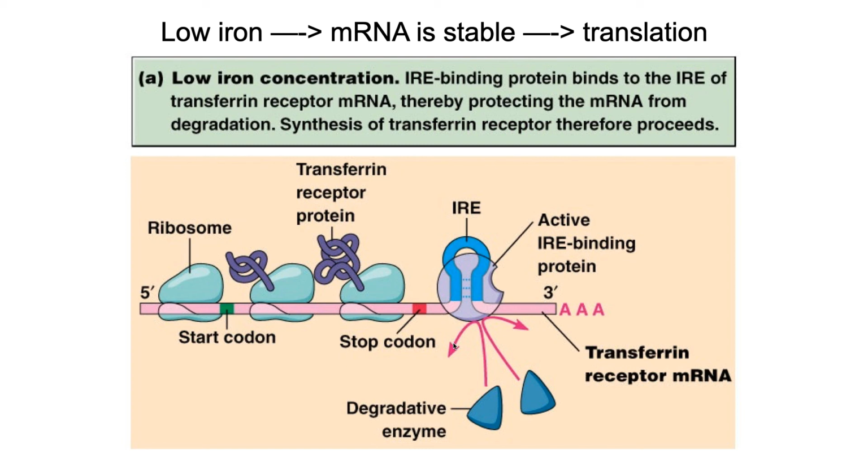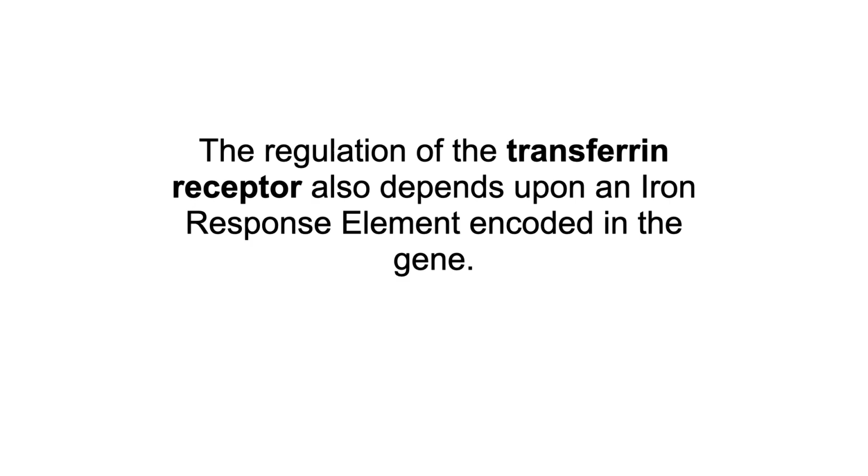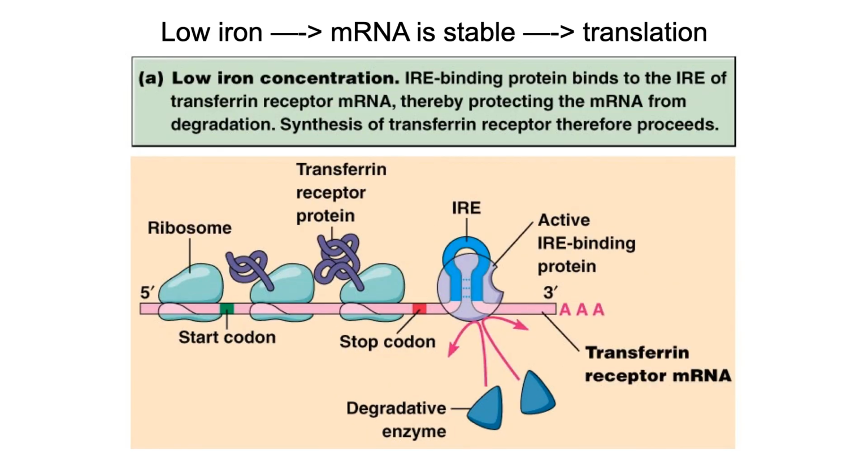And finally, it shows us that the systems of regulation don't have to be constantly refigured out. A single regulatory mechanism, this IRE binding protein binding to an IRE, can be recycled. Evolution can reuse components that the cell already has and just reuse them in different ways.